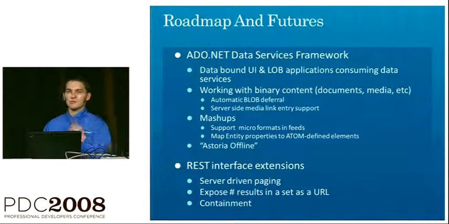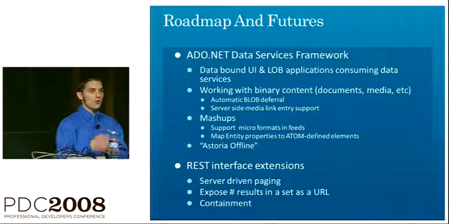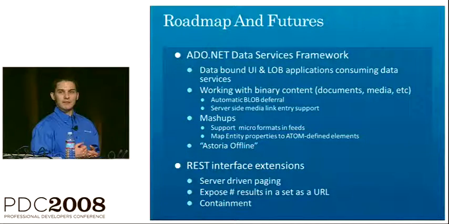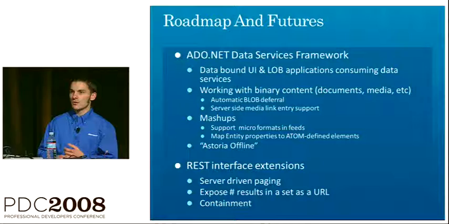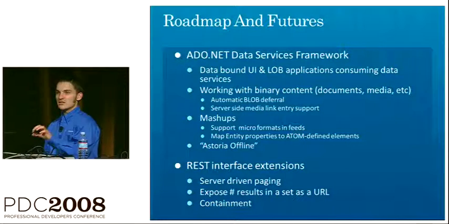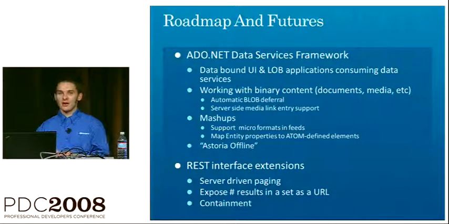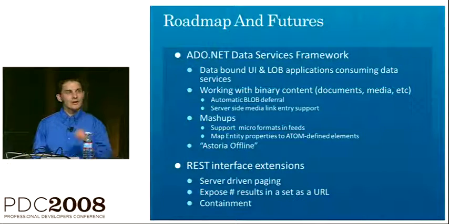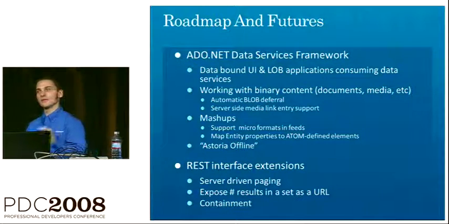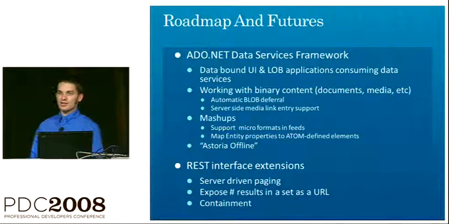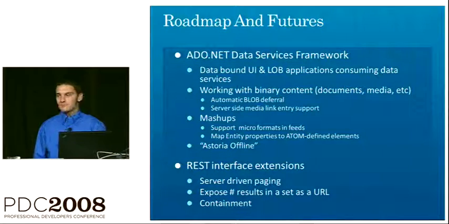The idea is that you can pull down the data you want from the service, work on it locally, and then sync back up at a later time when you're ready to go. The best way I can describe it is make it super simple to build an Outlook-style application. You can keep working with your email when you're on the plane and then sync up later. We're going to make it really, really easy for you to build that style of application when you're talking with data services.